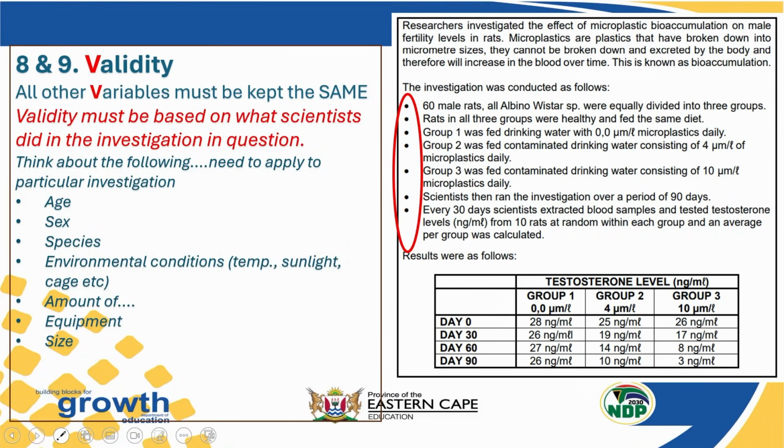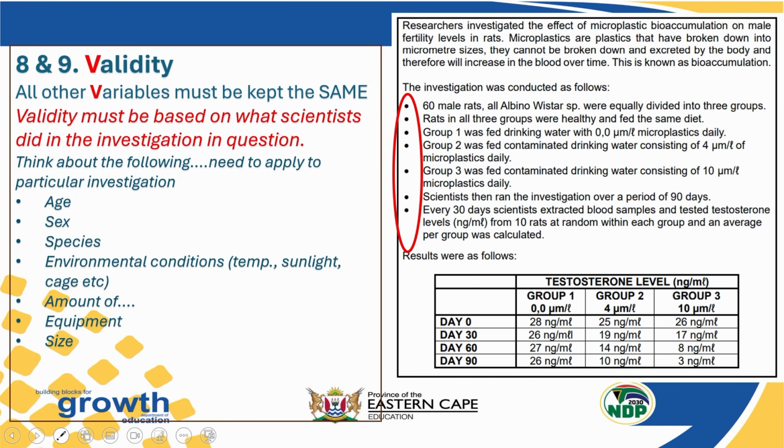So things like age, sex, the species of plant or animal, the environmental conditions such as light, sunlight, the cage size that the animals are kept in, the amount of liquid that we are testing, the equipment that we are using, and the size. Maybe it's the size of the cage, maybe it's the size of the animal or the plant that we are using. So these words that I'm giving you are just there to help you think. They are not answers that we can use.